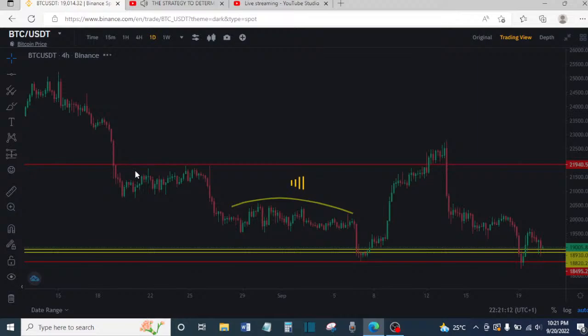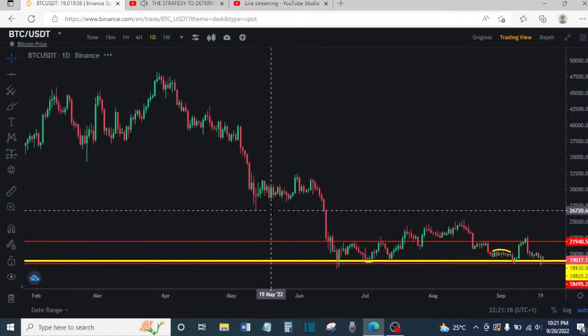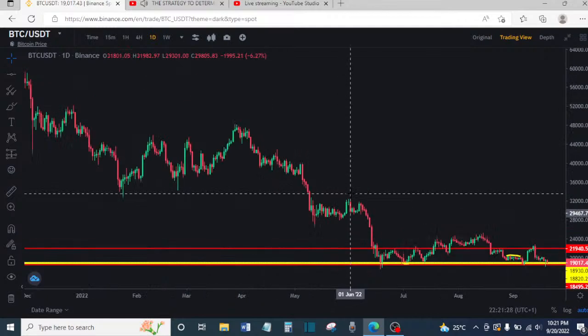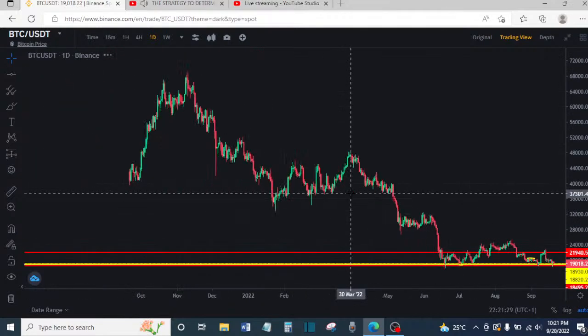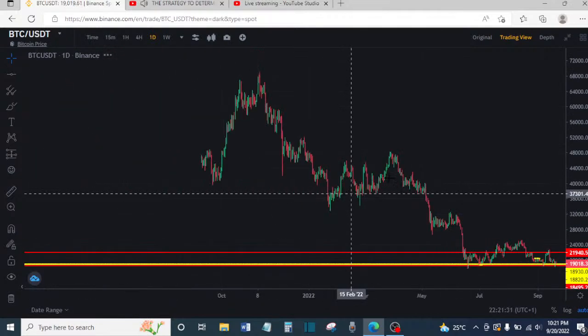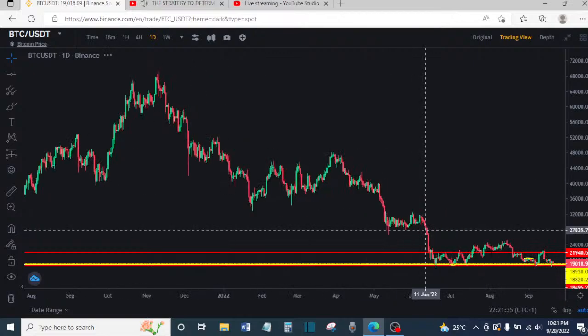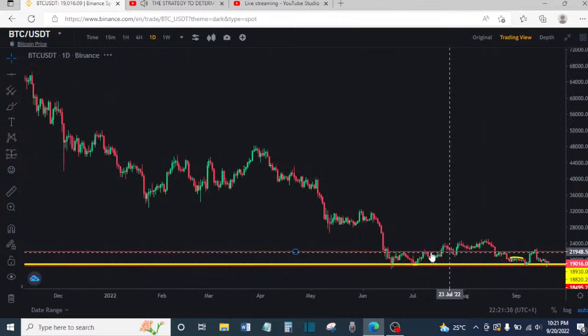I'm actually explaining my strategy, which will let us know when to buy. The best time to buy. Now look at this. This is the daily chart. This is the daily time frame.